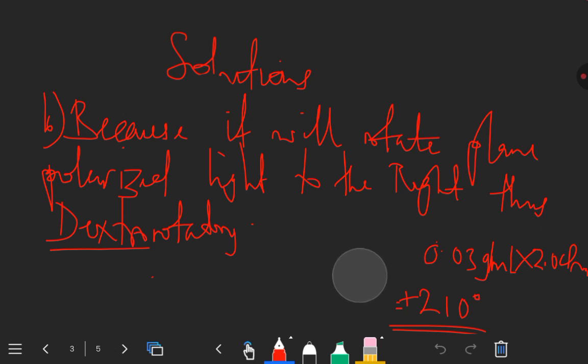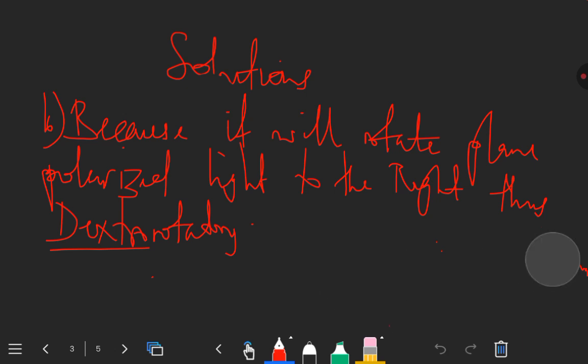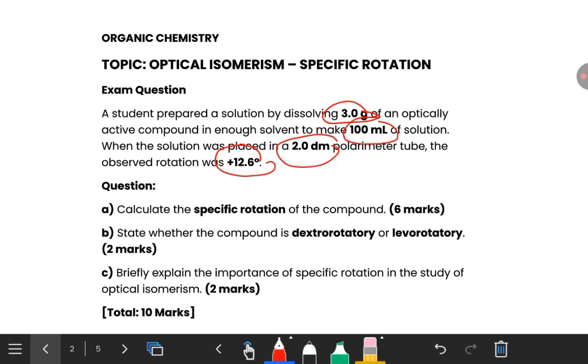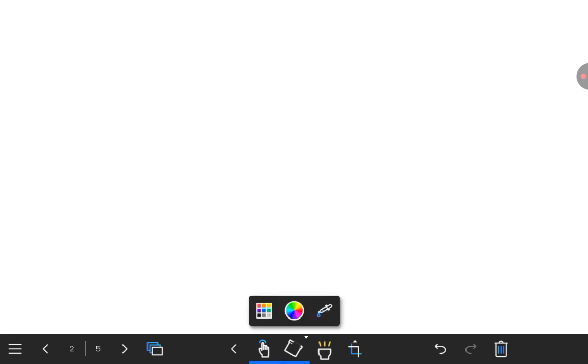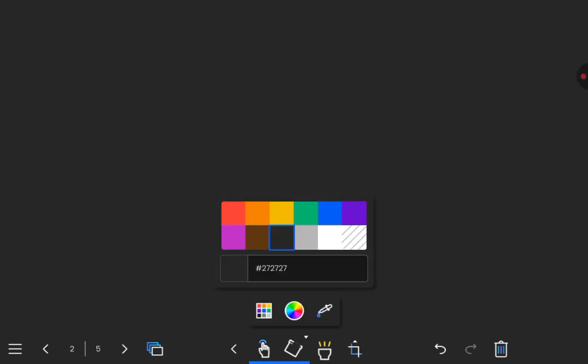Okay. Then let's answer the third part. Briefly explain the importance of the specific rotation in the study of optical isomerism. Here are the reasons.